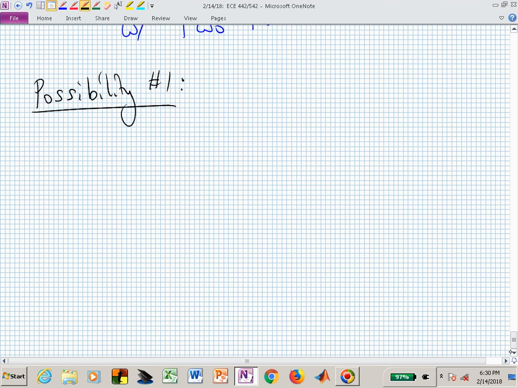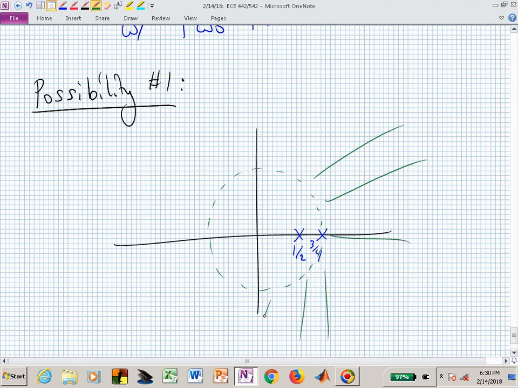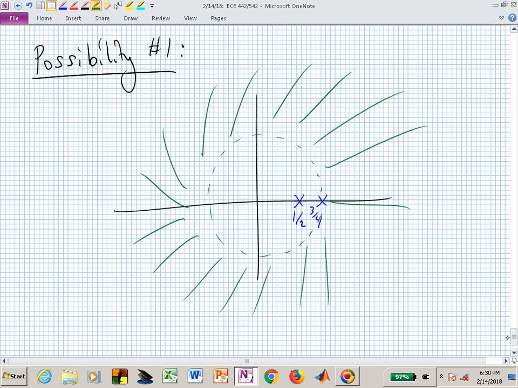Suppose now we have the following. Suppose we have a pole at 1/2 and a pole at 3/4. And for this possibility, let's say that the region of convergence is outside both poles.